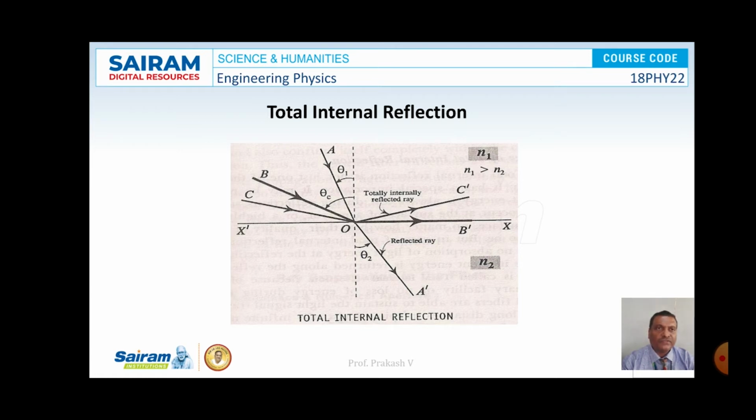For this angle of incidence, the light travels along OC dash, that is, it is reflected back into the denser medium as shown in the diagram. Here the total internal reflection of light happens. The same principle is used for designing the optical fiber.